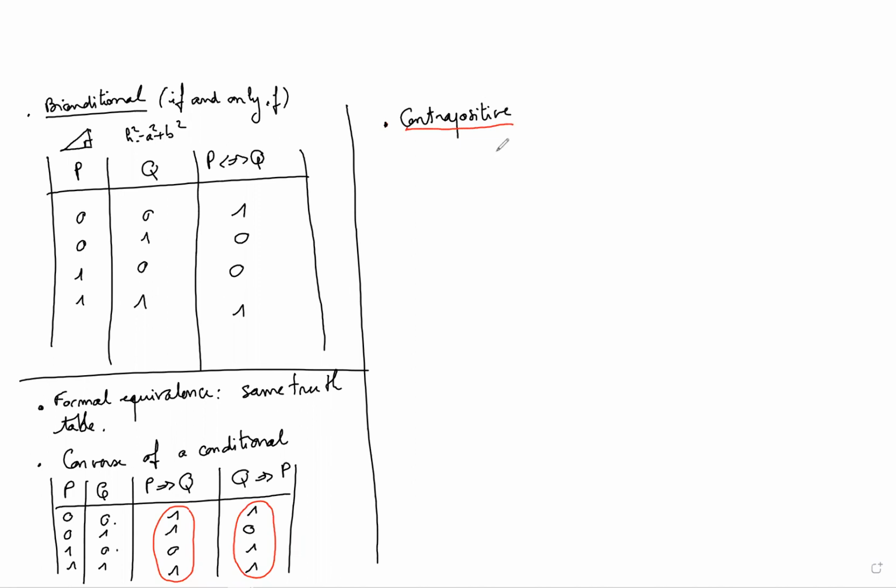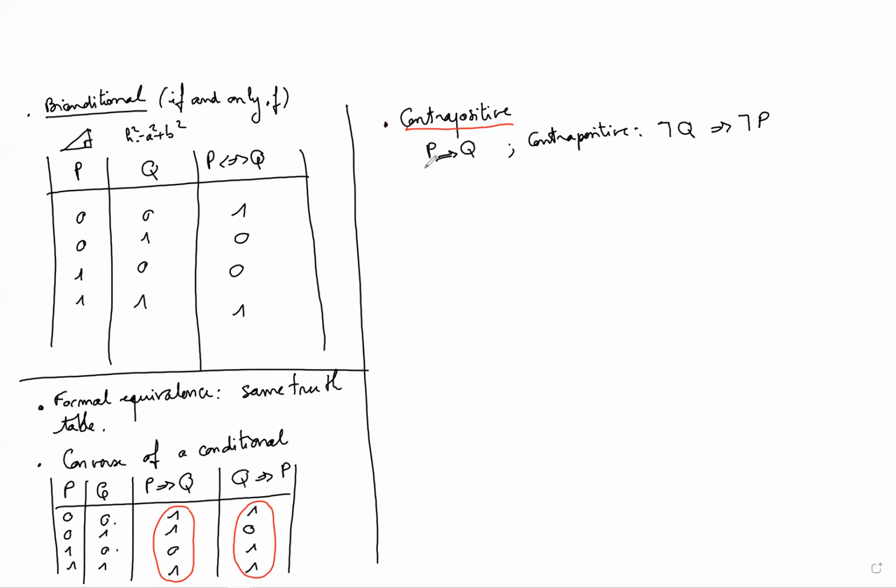So let P and Q be two propositions. So I have this conditional and the contrapositive of this. The contrapositive of this is if not Q, then not P.